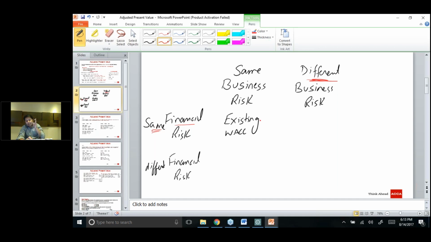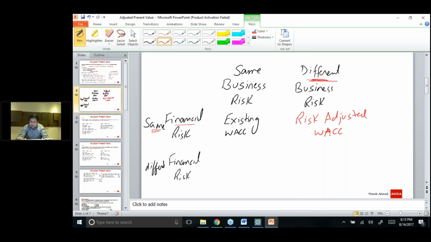Let's say if the previous gearing is 40% and 1 million is required in the new project, that means you are going to finance 0.4 million from debt and 0.6 million from equity. So if business risk is different but financial risk is the same, then you are going to discount all the data of that project at the risk adjusted WACC.